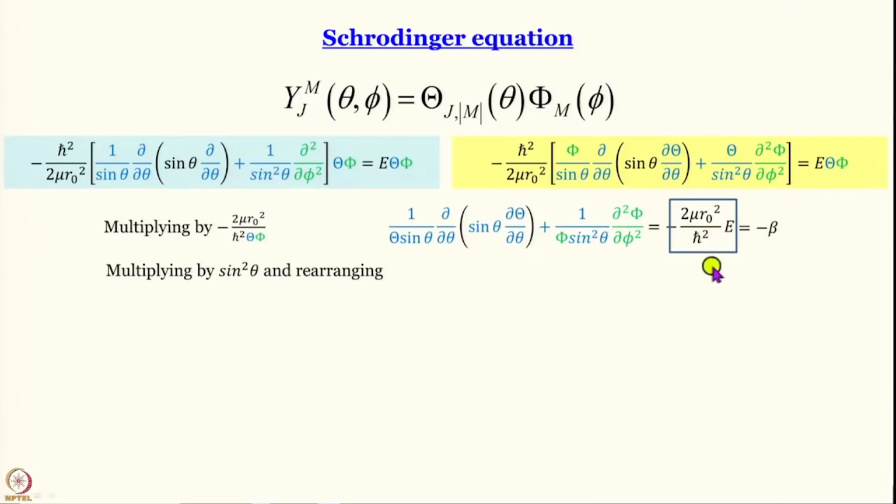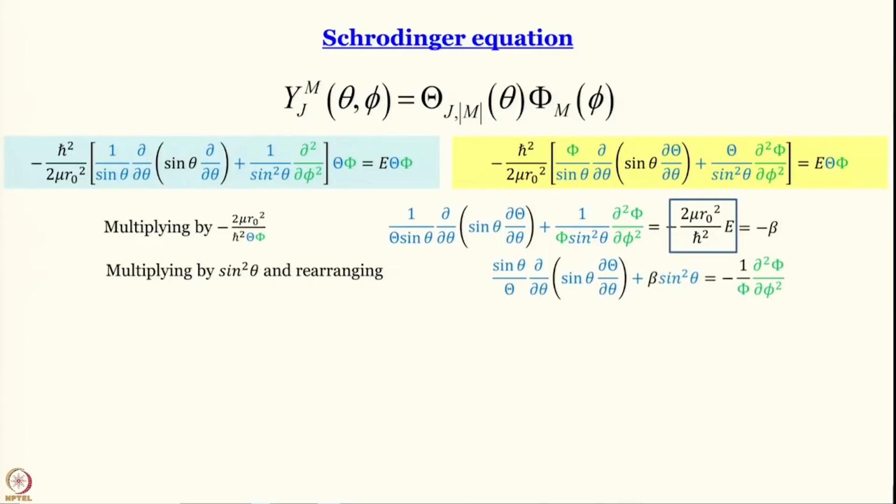On the right hand side you have minus beta multiplied by sin square theta. You are multiplying throughout by sin square theta, remember. So, if I bring that minus beta sin square theta to the left hand side, and if I take this 1 by capital phi d2 capital phi d phi 2 to the right hand side, then the left hand side will be entirely in theta, right hand side will be entirely in phi, something like this.